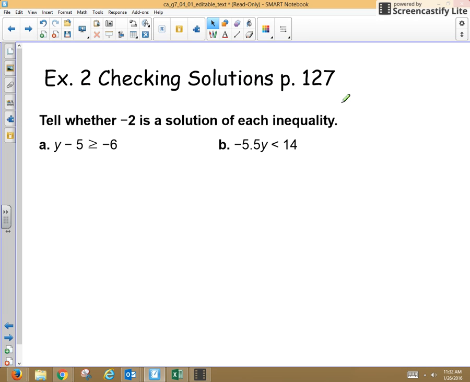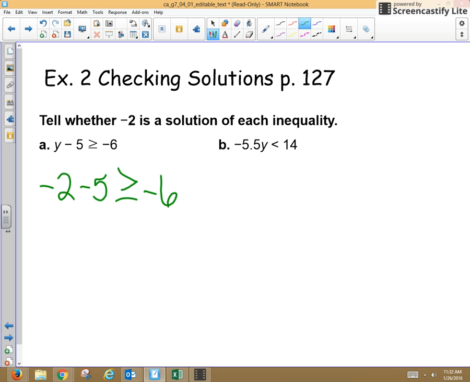Okay, so example 2, now we're going to check solutions. Tell whether negative 2 is a solution of each inequality. So instead of y, I'm going to substitute it with negative 2. Negative 2 minus 5 has to be greater than or equal to negative 6.